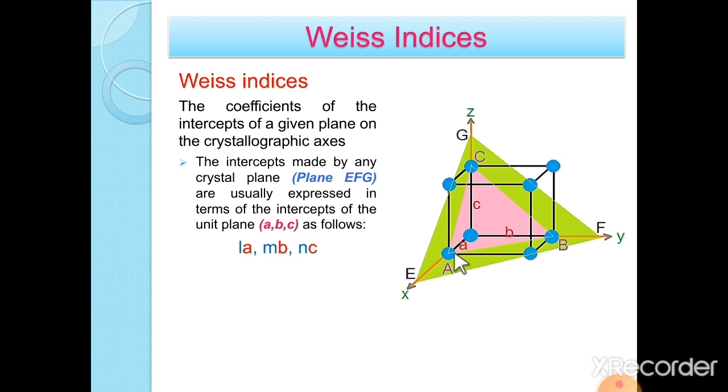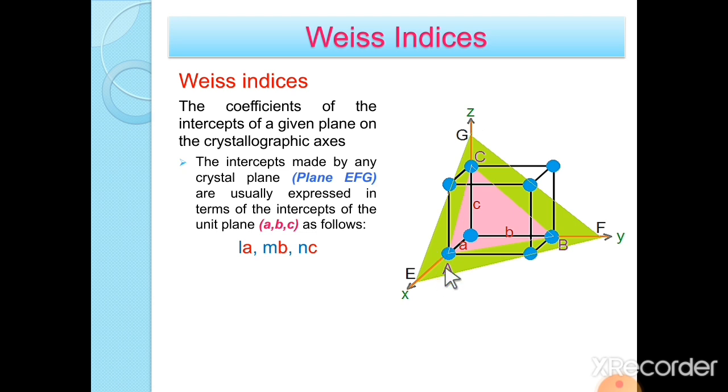ABC plane indicated by rose color represents unit plane. a, b and c are the intercepts made by plane ABC. Next, if we take any plane EFG, the intercepts made by this plane are l, this distance is l, this is m and this is n.